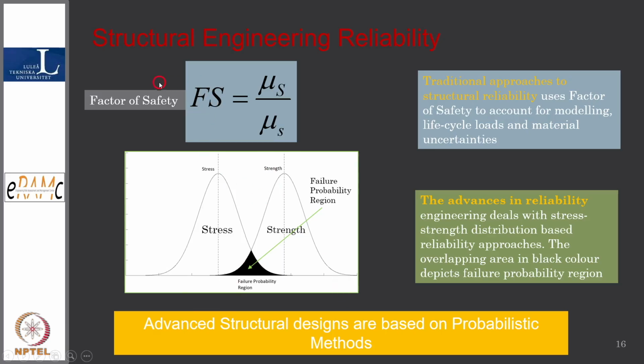Traditionally that used to be called the factor of safety. Factor of safety was basically to account for all the uncertainty available when the component is operating or facing real conditions, and the material properties and their distribution will be determined here. So the mean of strength divided by the mean of stress will give us the factor of safety.